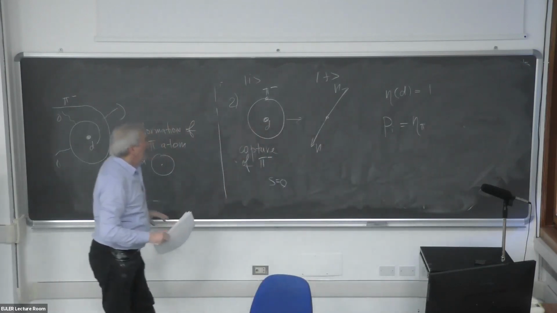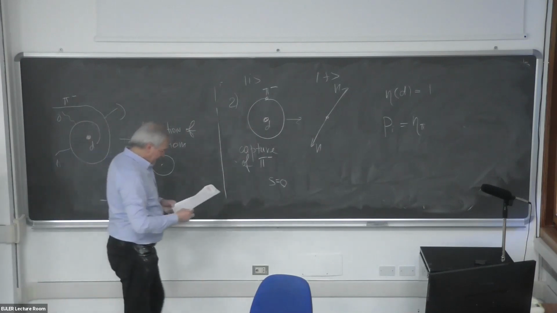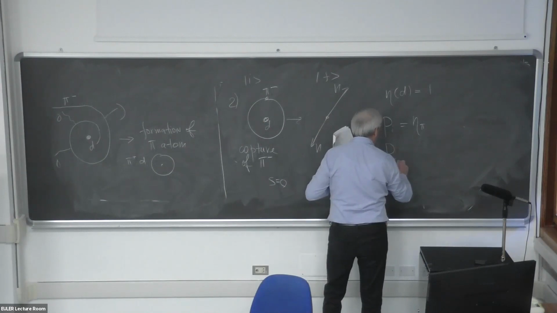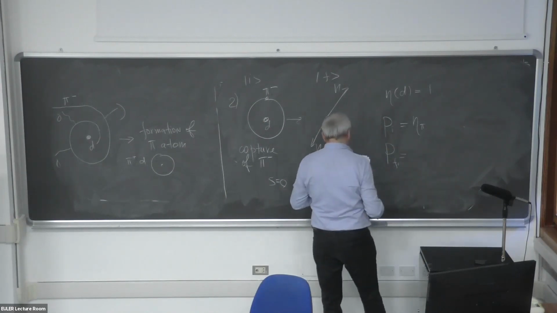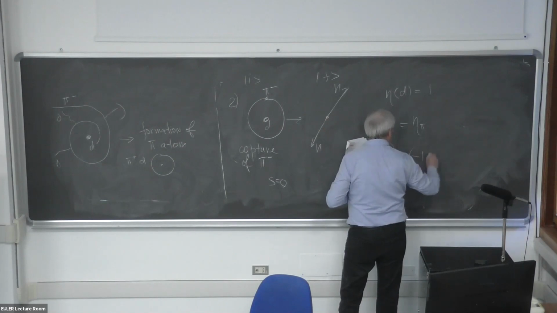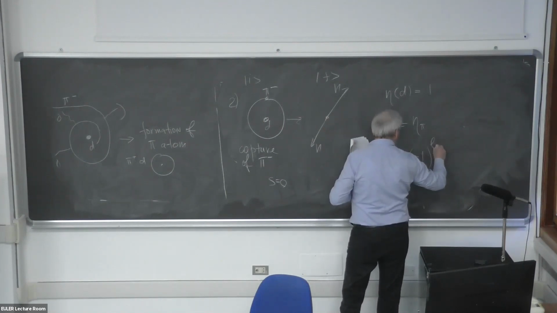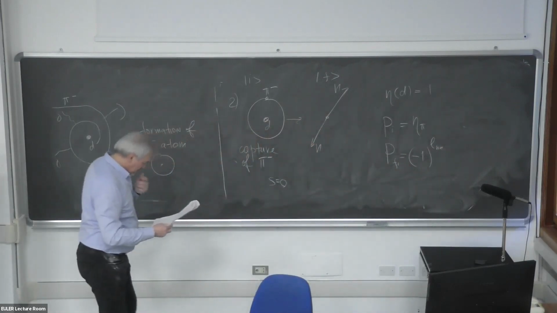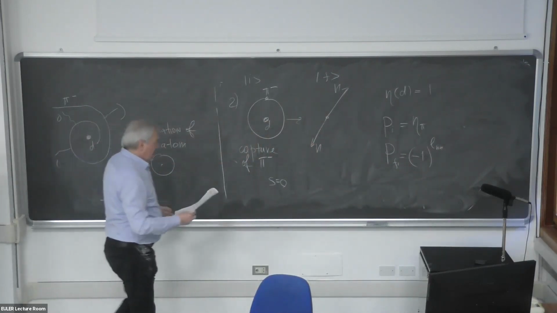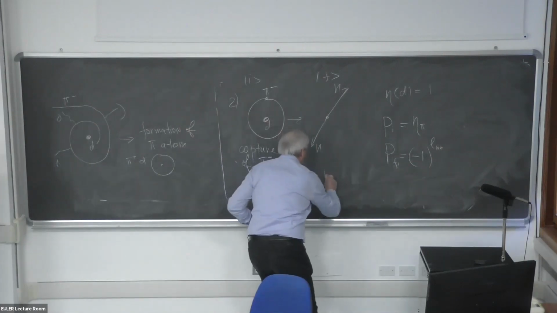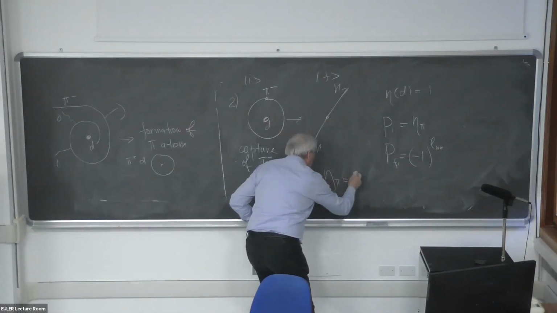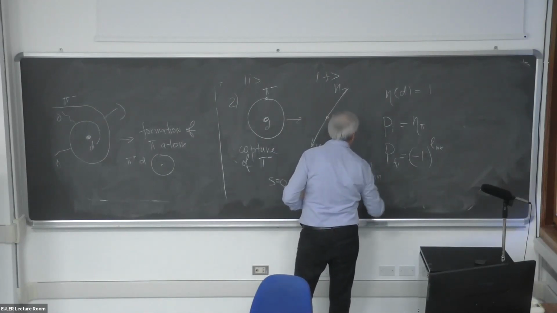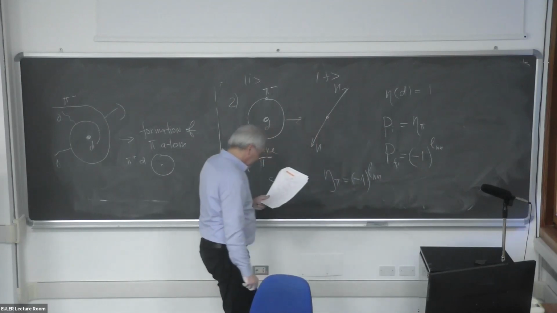So this is the initial state, and the parity is eta pi. Parity of the final state is -1 to the power L and N, orbital momentum of 2 neutrons. So that the parity of pi was just given by -1 and the orbital motion of 2 neutrons.